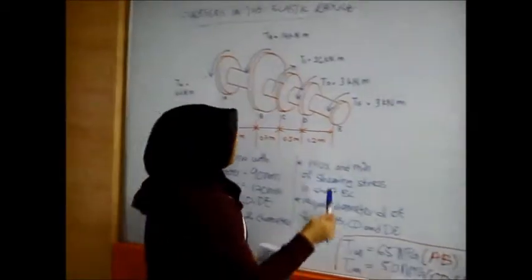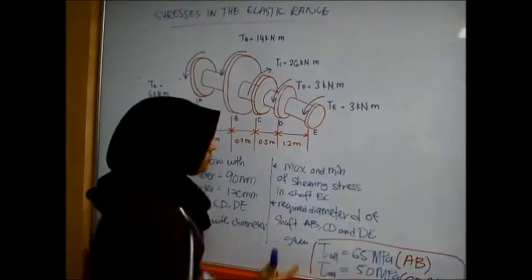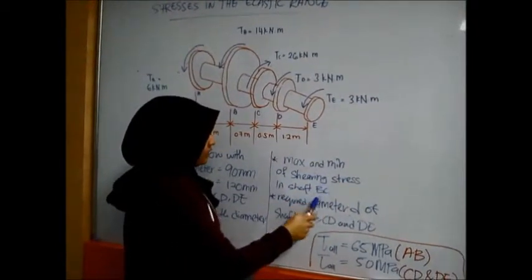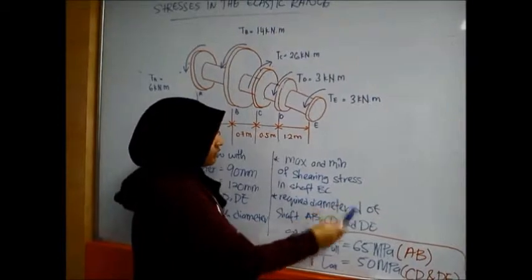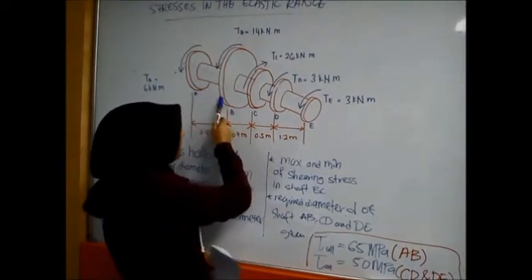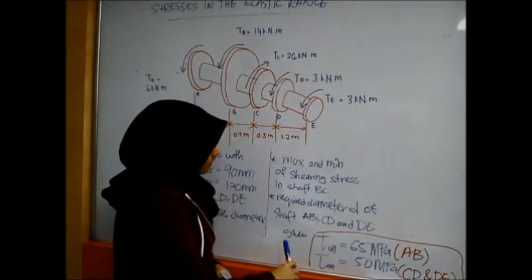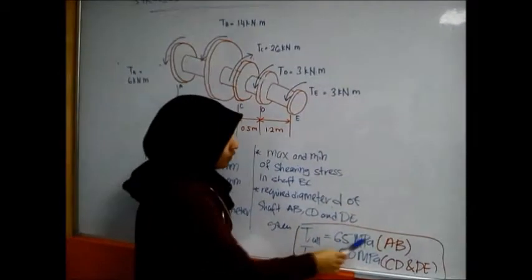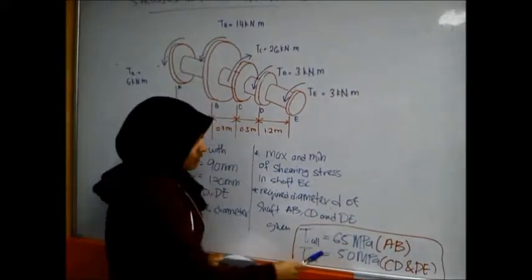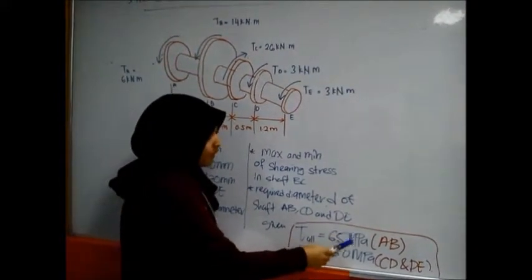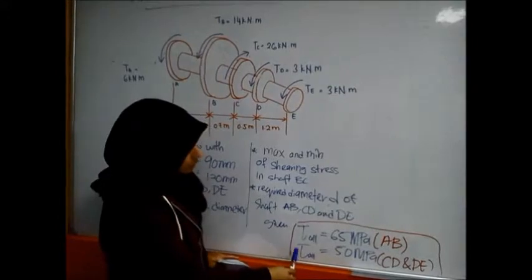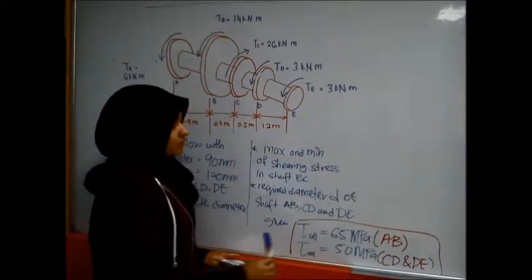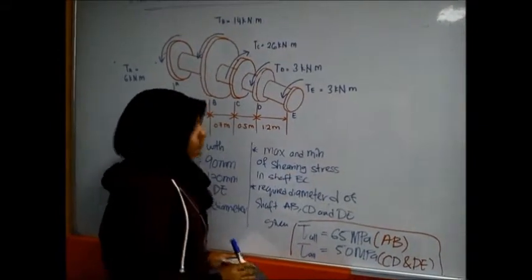The question wants the maximum and minimum shearing stress in shaft BC, and the required diameter d of shafts AB, CD, and DE. The allowable shear stress for shaft AB is 65 megapascal, and for CD and DE it is 50 megapascal.